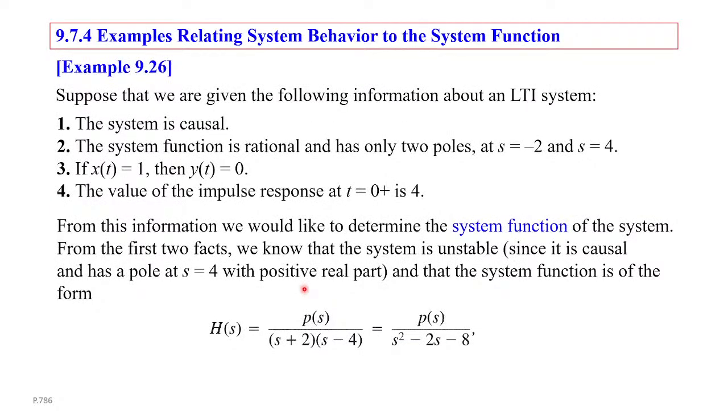Now for this third condition, if x of t equals 1 and y of t equals 0, this is a little confusing, but it means that if your input function is this constant function 1, then the output function is 0.